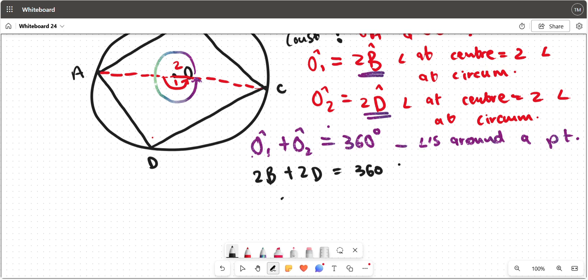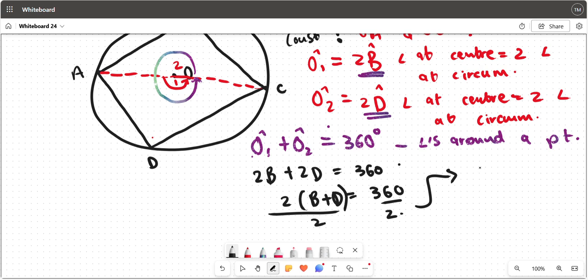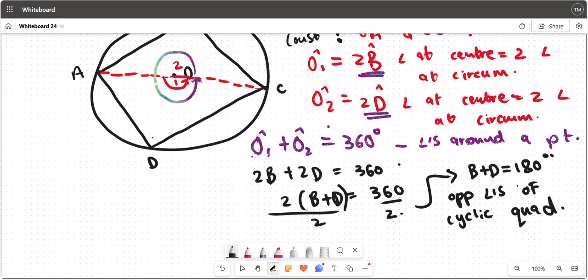Then when you take out the 2, and divide by 2, you will see that actually B plus D is going to give me 180. And what is my reason here? The reason here is that these are opposite angles of a cyclic quad. And there we go.